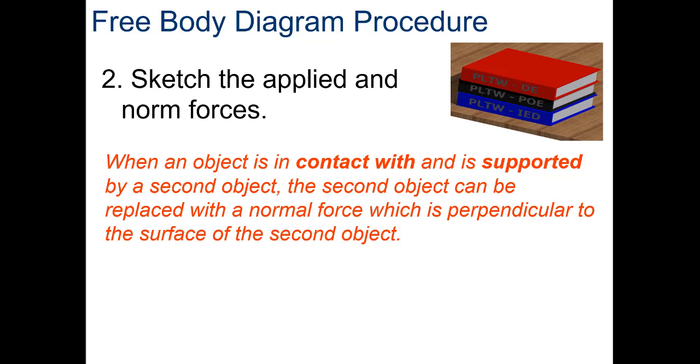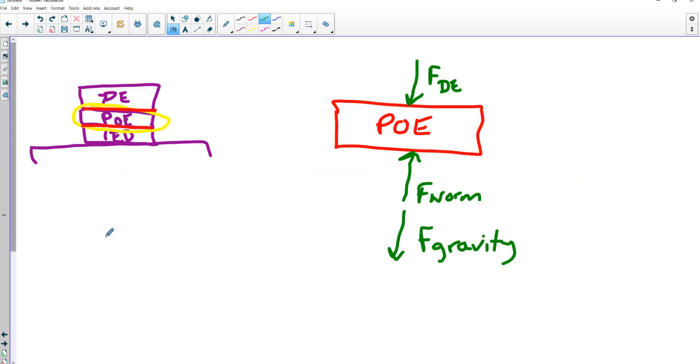All that's saying is when an object is sitting on another object, being supported by it, you replace the second object with a normal force that is perpendicular to its surface.